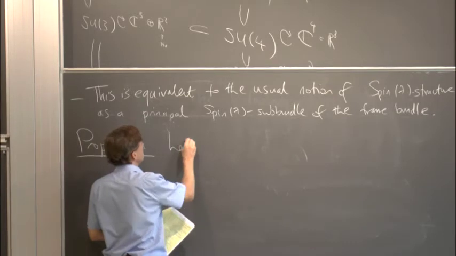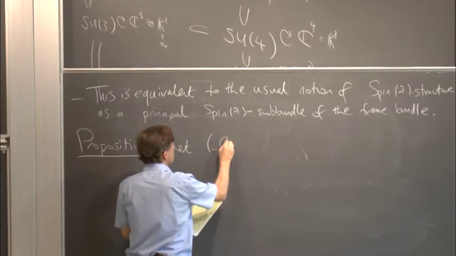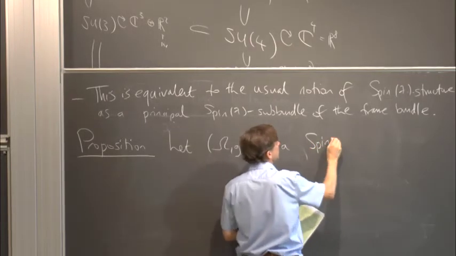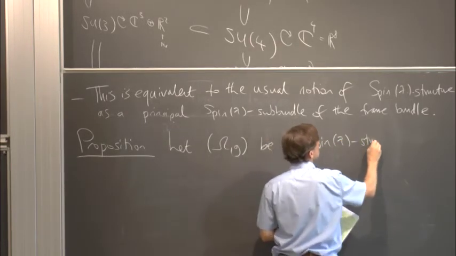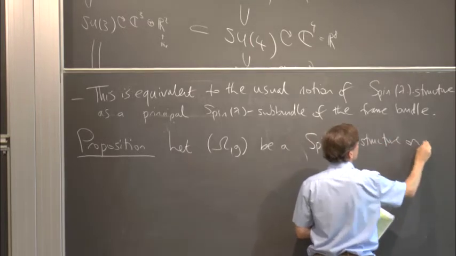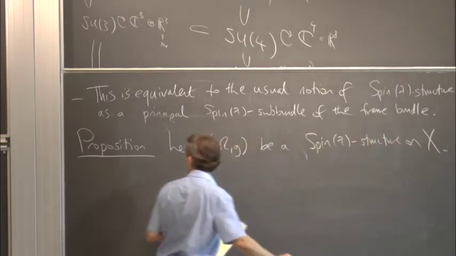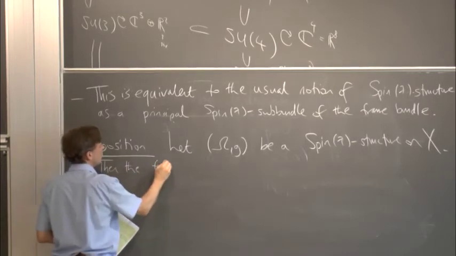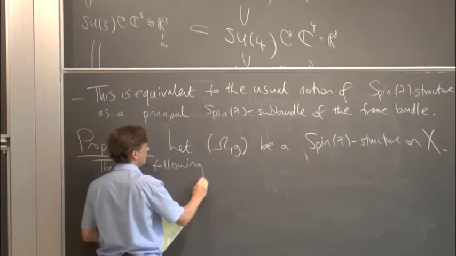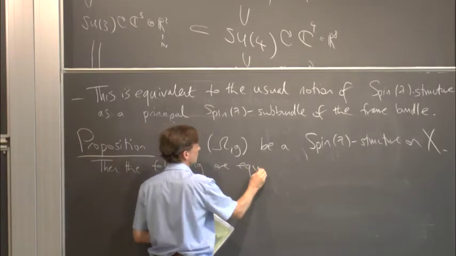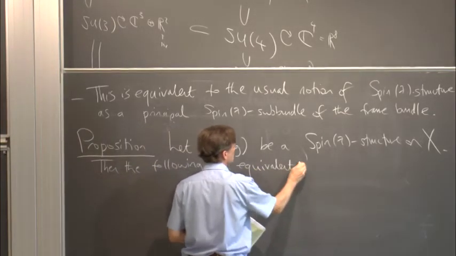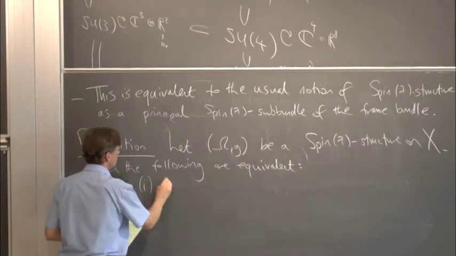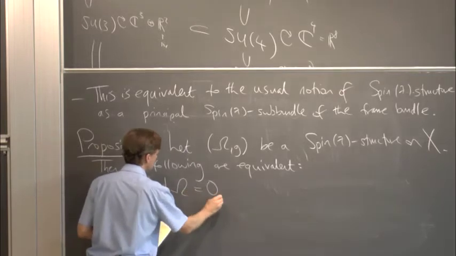Let big omega, g be a Spin(7) structure on big X. Then the following are equivalent. Firstly, d omega is 0.